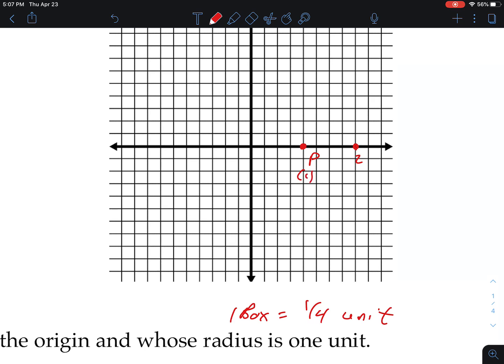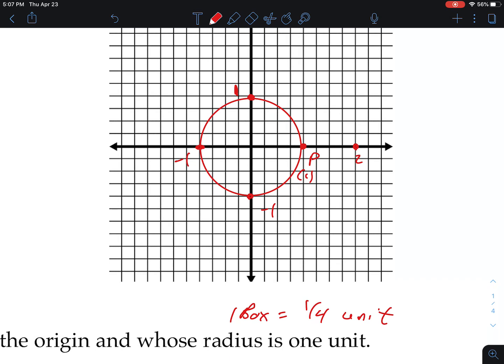So this is 1. Now if I do the same thing up above, this is 1. Same thing to the left, 1, 2, 3, 4. This is a negative 1, 1, 2, 3, 4. And this is also negative 1, right? So there's my radius of 1. Here's my center at 0. Perfect circle, first try.